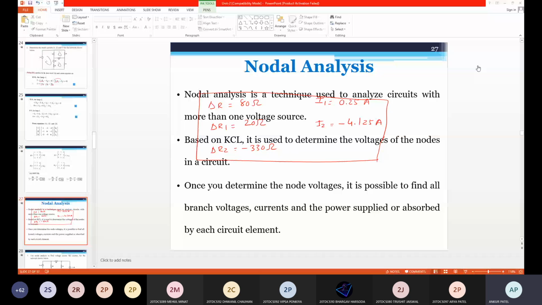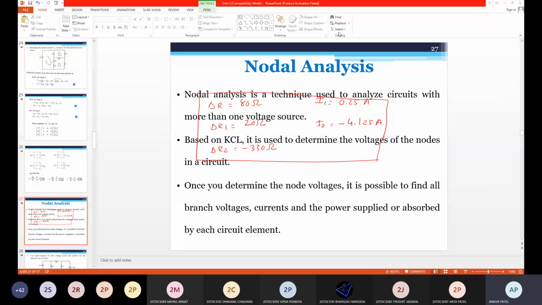Okay, so tomorrow we have the first lecture, so we'll do nodal analysis. In nodal analysis, we will use KCL applications. By KCL applications, we will find different node voltages. Here in mesh analysis, we are finding mesh currents by KVL. In nodal analysis, by KCL applications, we will find node voltages.